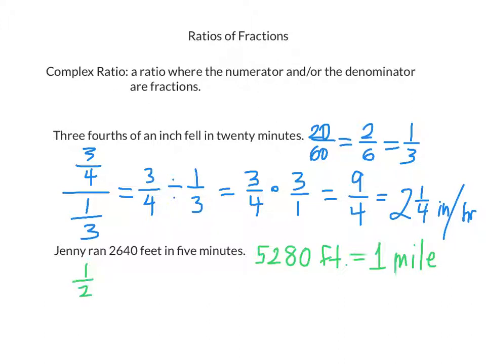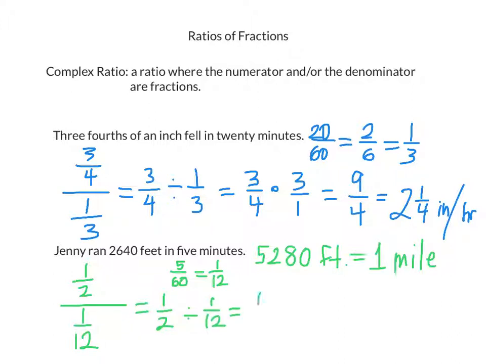So 1/2 of a mile in 5 minutes, and 5/60, if we just do it over here to the side, would reduce to 1/12. So half a mile in 1/12 of an hour. And again, you can scale up. You could multiply the top and bottom by 12, or you could simply turn 1/2 over 1/12 into 1/2 divided by 1/12, and then multiply by the reciprocal.